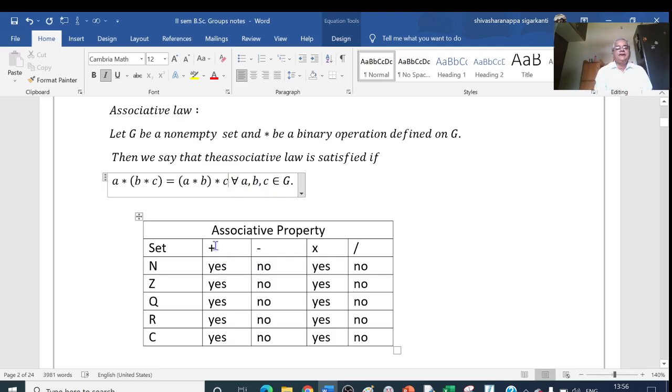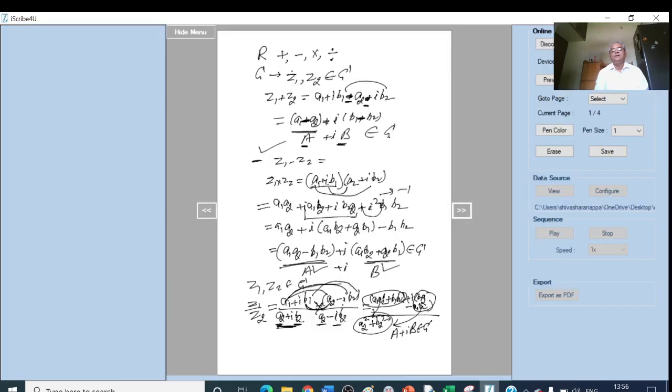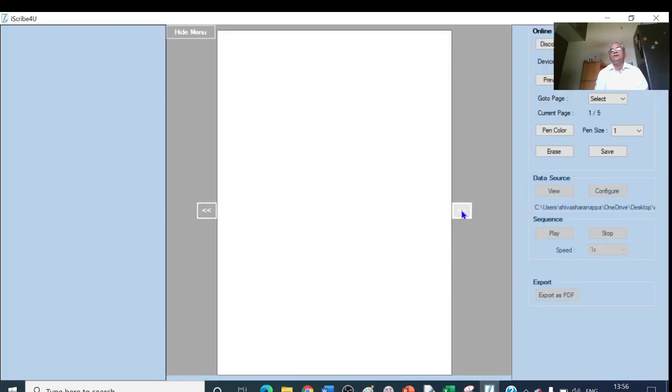Now we consider the sets N, Z, Q, R, C with respect to plus, minus, multiplication and division. First I will take the set N and the operation is plus. With respect to addition, A plus (B plus C) is equal to (A plus B) plus C. Can we write this?